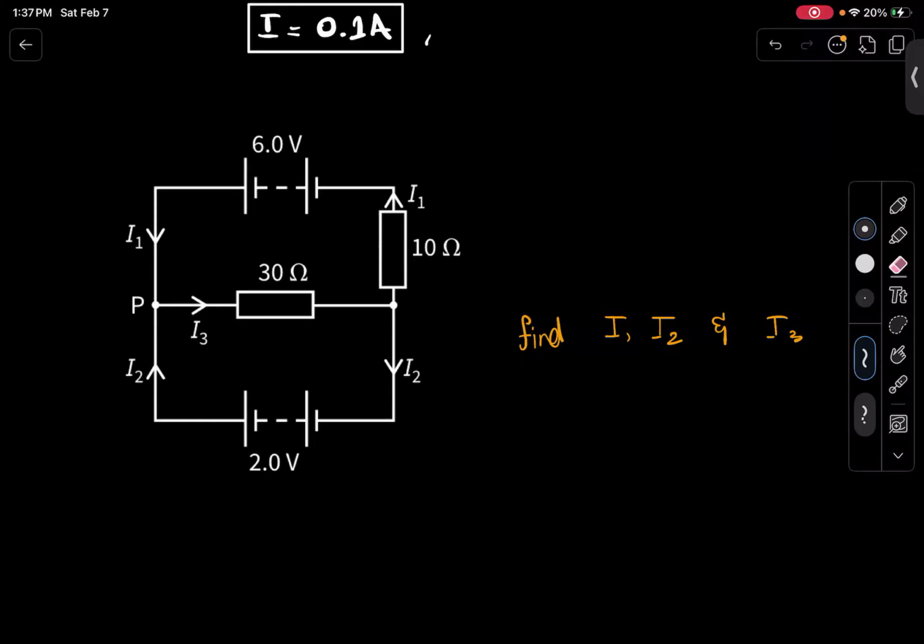How are you even supposed to use Ohm's law over here? It seems pretty weird. These are like two batteries weirdly connected. I don't know what the voltage across the 30 ohm is, and I don't know what the voltage across the 10 ohm is. It seems horrible to solve this kind of question using Ohm's law. Ohm's law has failed us.